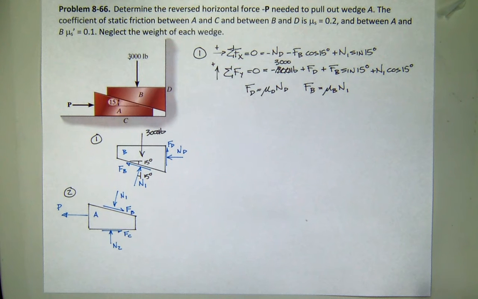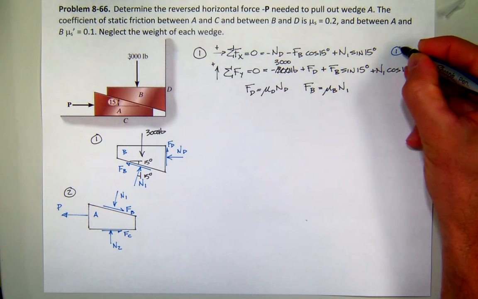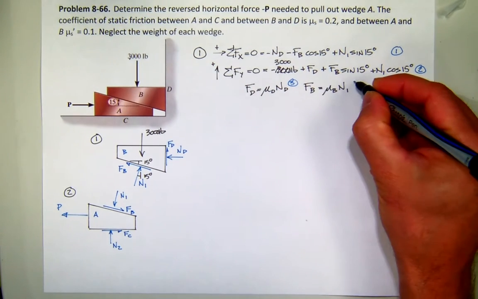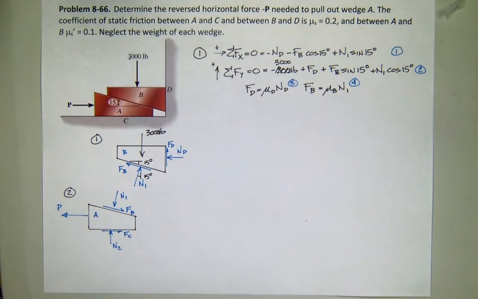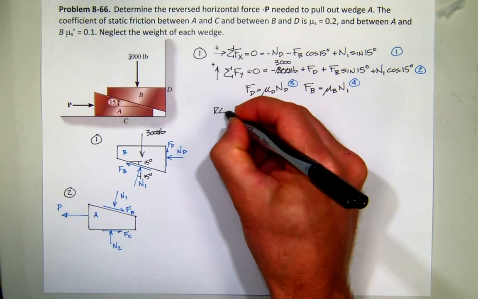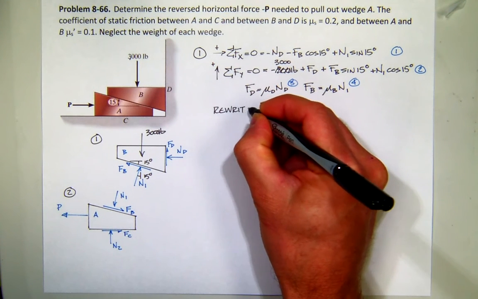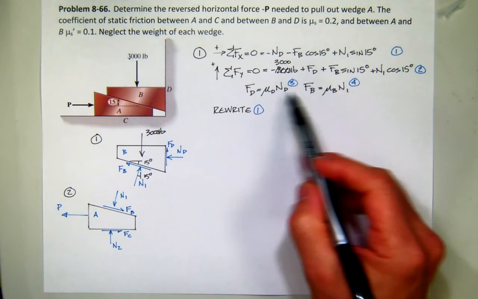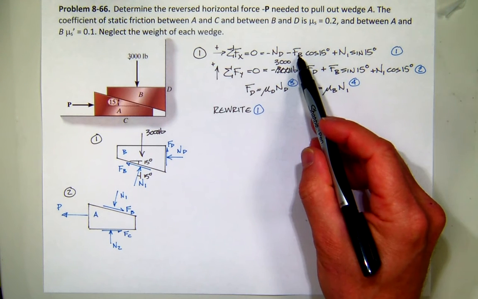Let's see. Put everything in terms of normal force. I'll take a shot at this. I'll call this equation 1, equation 2, 3, and 4. So if I rewrite 1, I'm going to take equation 1, I'm going to put force B in there.